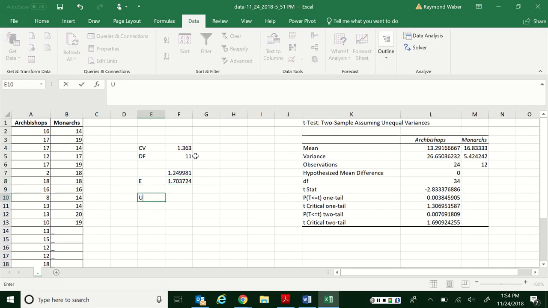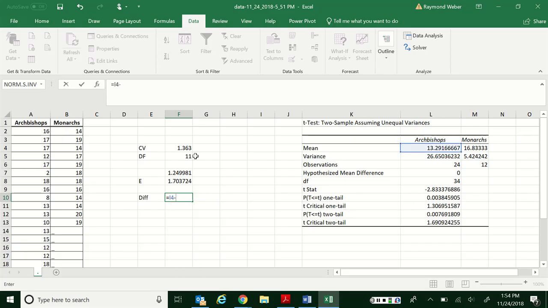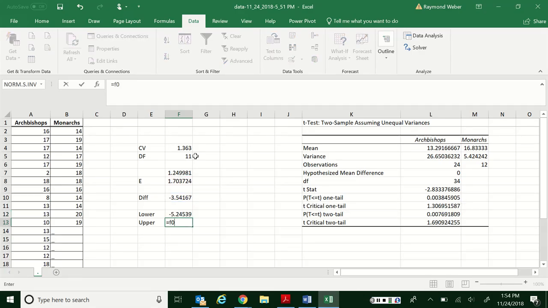Now I need to find the difference of my means, so that's simply L4 minus M4. And then I want my lower and my upper. So my lower is my difference, F10, minus my error, which is F8, and this is F10 plus F8.